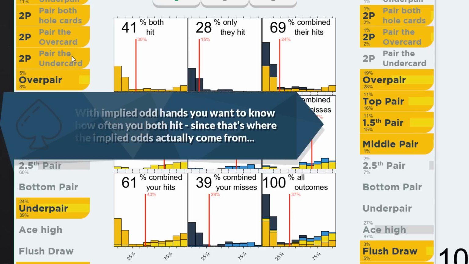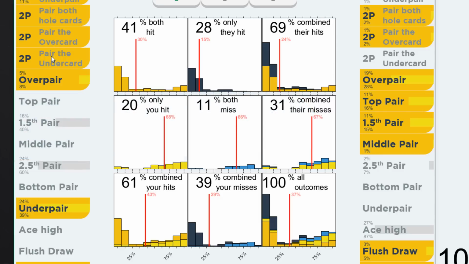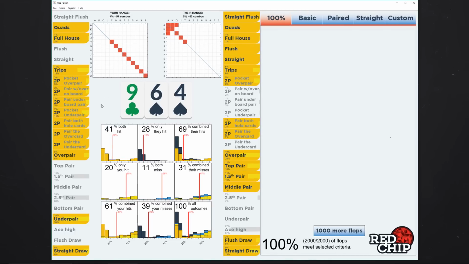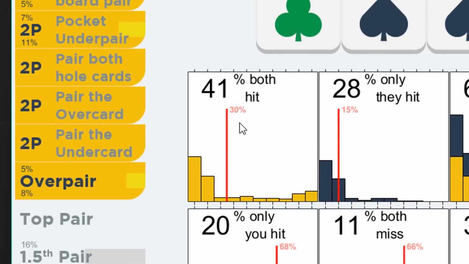Well, because we selected a lot of these kind of dumpy two pairs, where obviously when they catch two pair, it's going to be pretty darn strong and stronger than us, you notice that we only have 30% equity. So that's what we're seeing here: okay, how often when we both hit, what does that look like? And then what is the average equity for that? Our average equity when we both hit, based upon the qualifiers we chose, is that we are going to have 30% equity, they're going to have the other 70, and there we are.